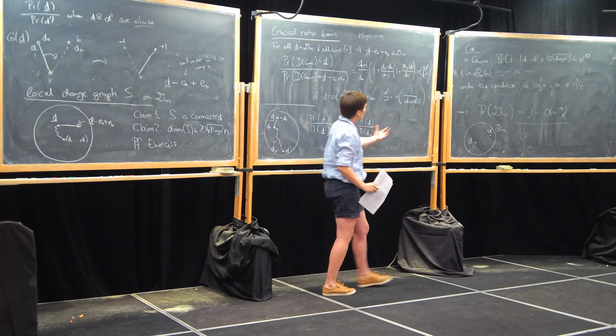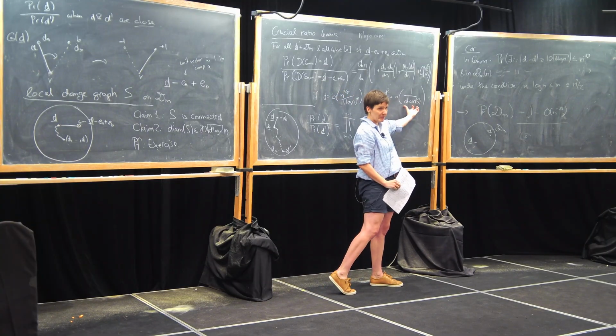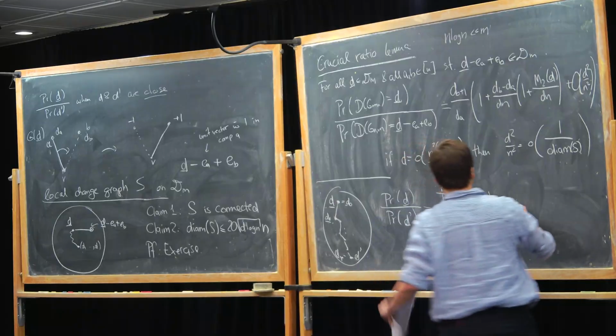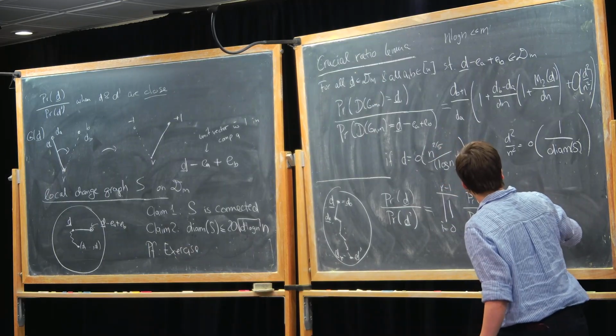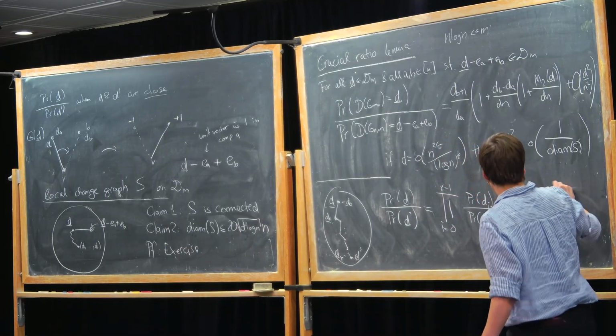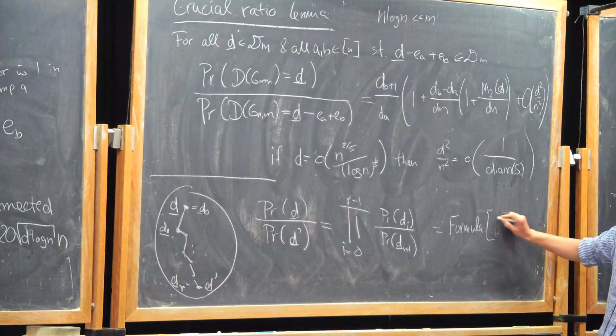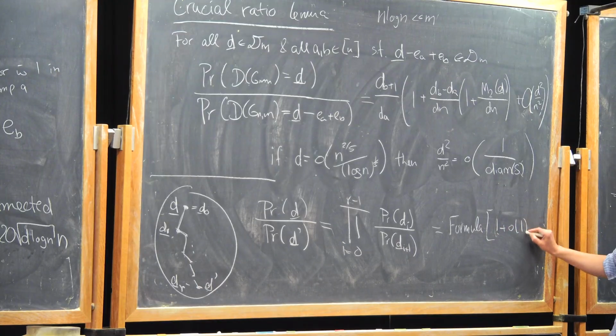Each of these I get with a relative error of 1 over the diameter. So the total gives me a formula which is correct up to a factor of 1 plus little o of 1.